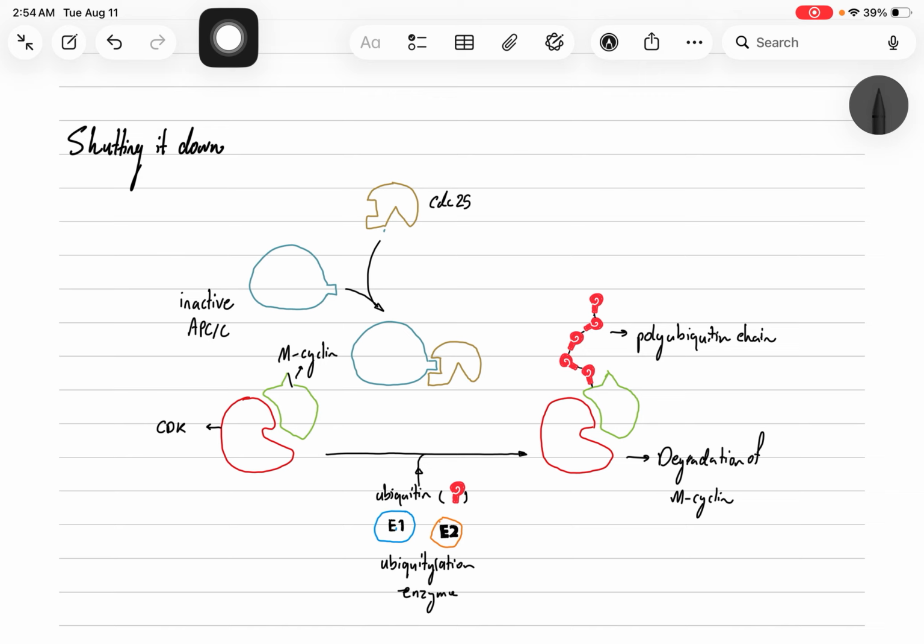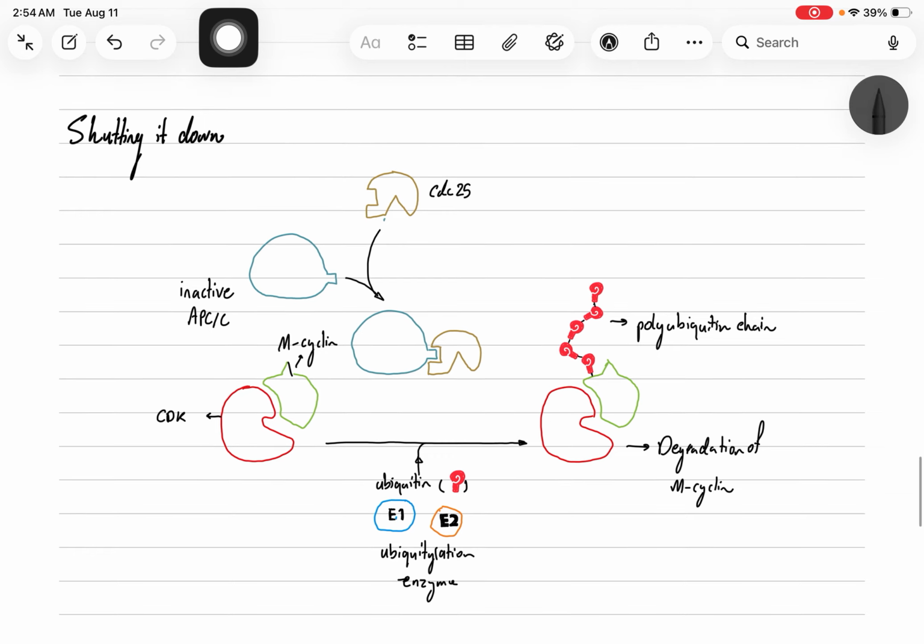That's the job of APC/C, the Anaphase-Promoting Complex, or cyclosome. APC/C is an E3 ubiquitin ligase. It tags cyclin with a chain of ubiquitin molecules, which marks them for destruction by proteasomes. And this is the chain that we're talking about. We do have the CDC25, we do have the APC, and then we have this guy here.